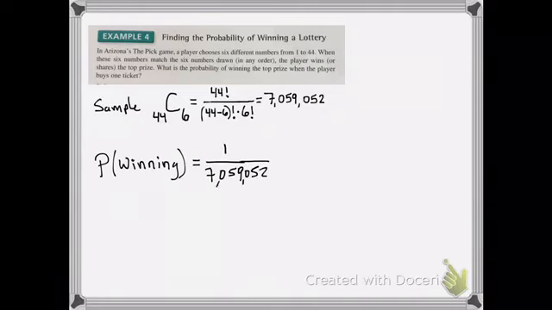And that's the probability of winning this lottery. Just for funsies, that decimal is 1, 2, 3, 4, 5, 6 zeros, then a 1, and then a 4. That means that you have 14 chances out of 100 million possibilities.